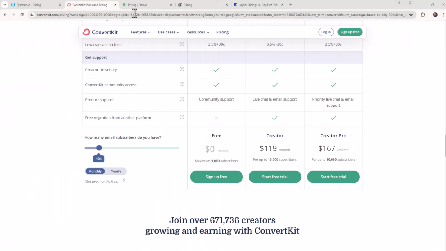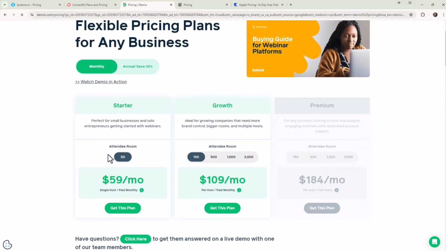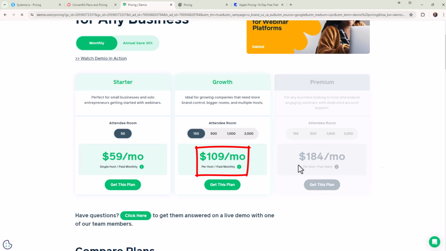If we take a look at the pricing for Demio, the starter's not going to work because the starter plan doesn't allow for automated Evergreen webinars. So we have to go to the next one, and this is the monthly. I'm looking at only the monthly plans, not the annual plans here. And the monthly plan is $109 a month.